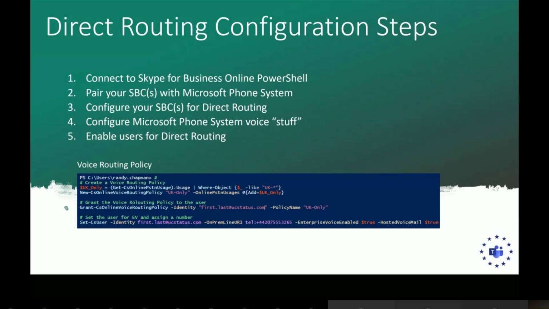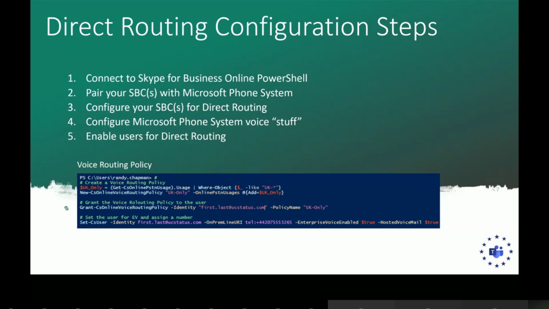And then the last one, very, very important, is to make sure that the user is online. Actually, that's not in that command. It's making sure that their Skype account is homed in Skype Online and not Skype on-prem, that they're enterprise voice enabled, hosted voicemail enabled, and that they have an on-prem line URI.